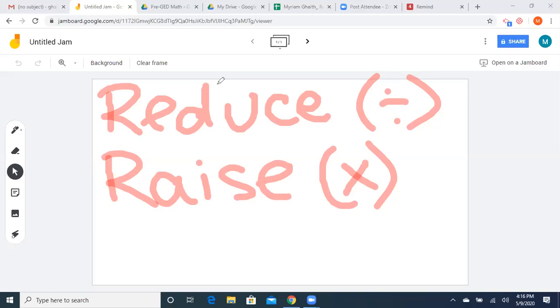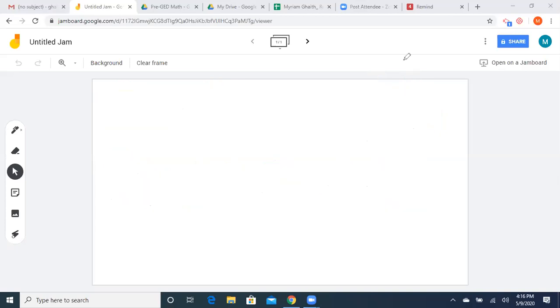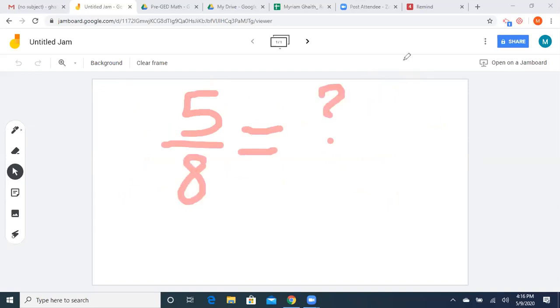Okay, I'm going to clear that. So number 5 says 5 over 8 equals question mark for the numerator of the other fraction over 24. Now I know because they gave me a clue to go from the denominator of 8 to a denominator of 24. What did you think they have to multiply by? 3.